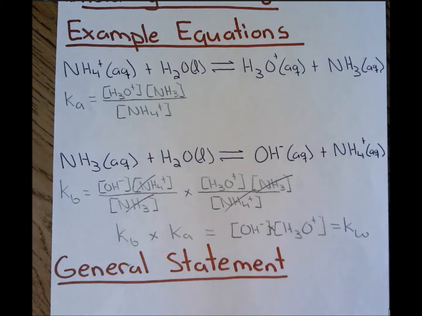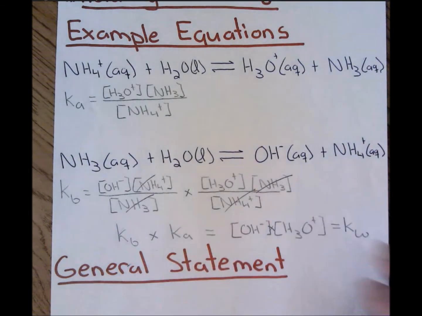Our general statement is this: the product of the acid dissociation constant for an acid, Ka, and the base dissociation constant for its conjugate base, Kb, equals the ion product constant for water, Kw. Let me write that down, and then we'll put it in a formula.